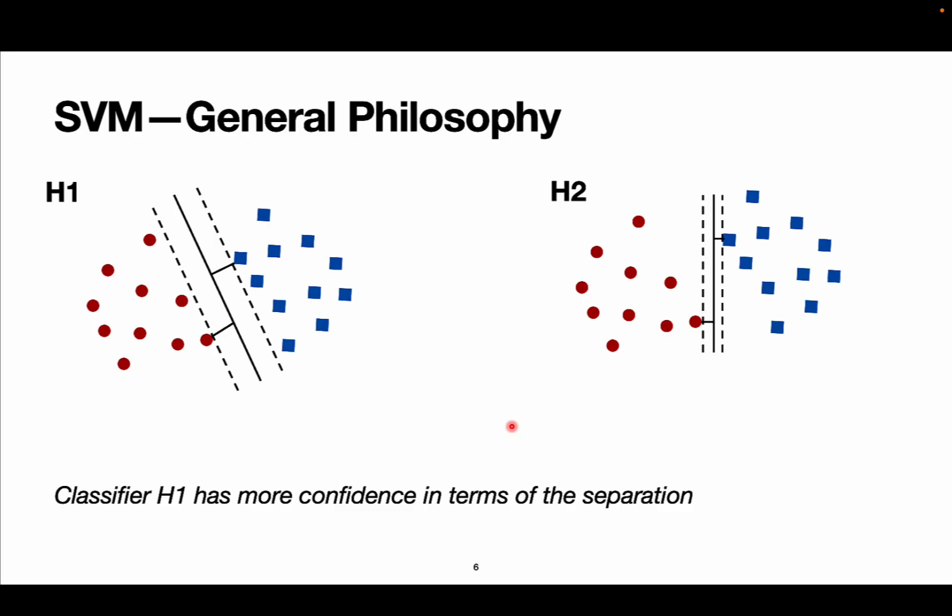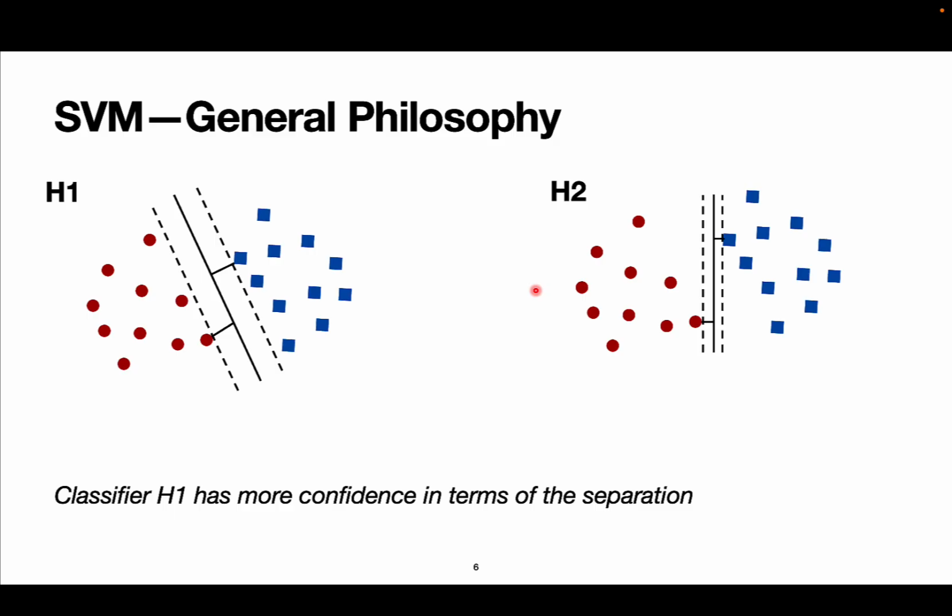Just looking at the accuracy of prediction in the training dataset is not going to add any insights because both lines are achieving 100%. All the blue are separated from red here, and all the blue are separated from red in H2. So what else can we consider?